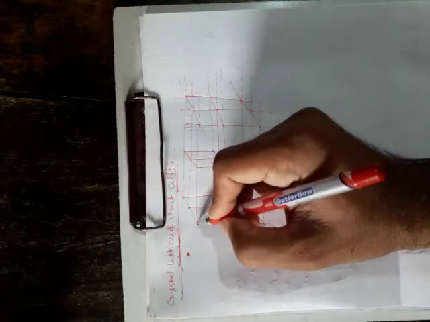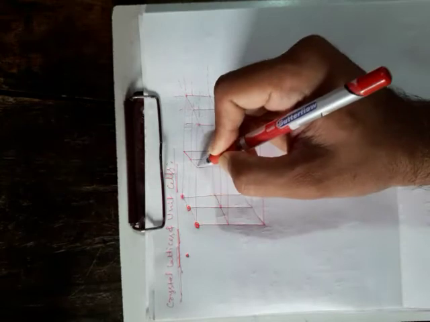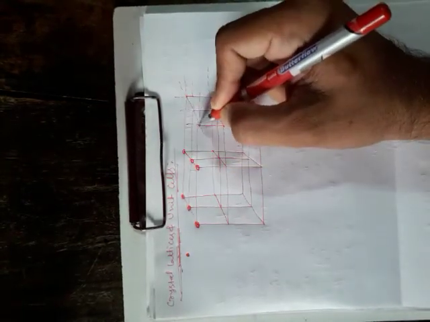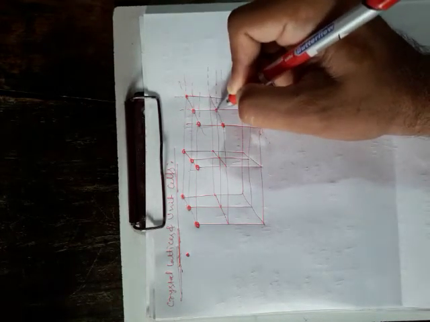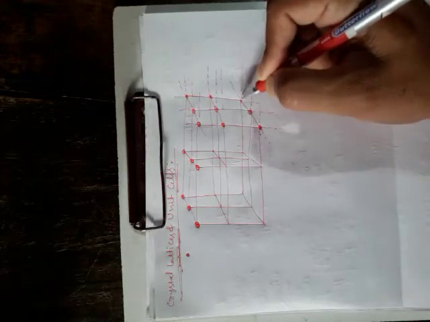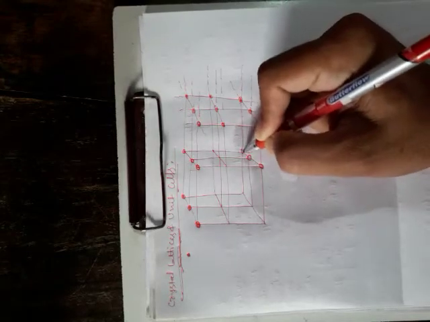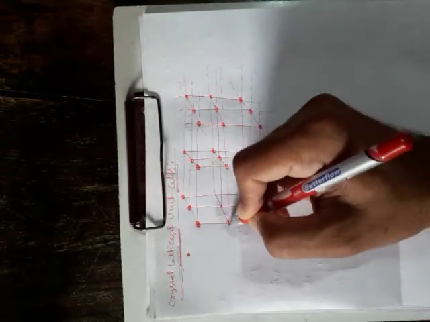This is the lattice point. So a lattice point may be occupied by a constituent particle. Constituent particles may be atoms, molecules or ions, or a group of atoms. These are the constituent particles of the solid.